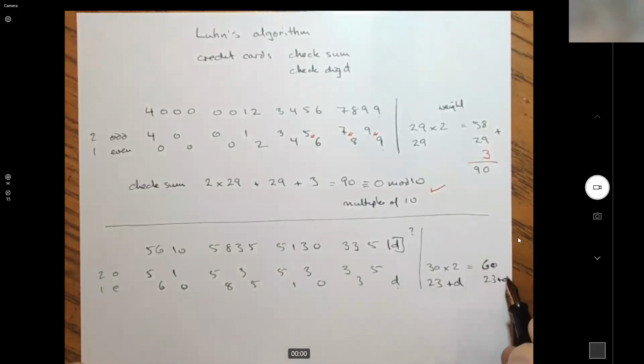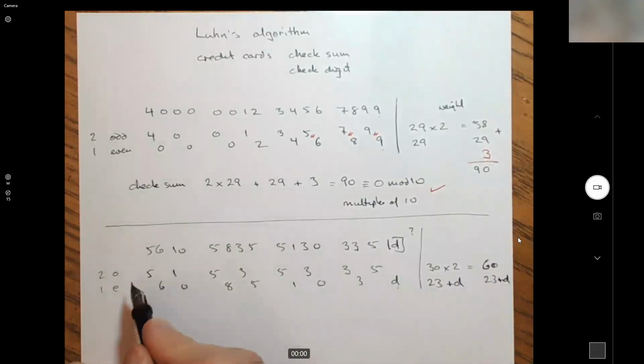23 plus D. And the last thing that we need to work out is how many of these odd position digits are greater than 4?